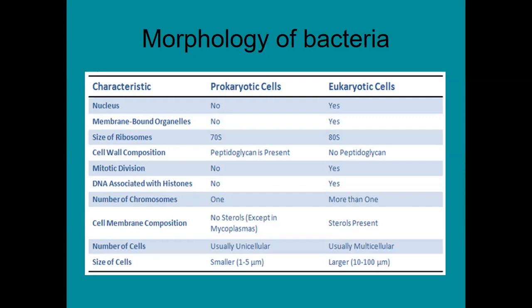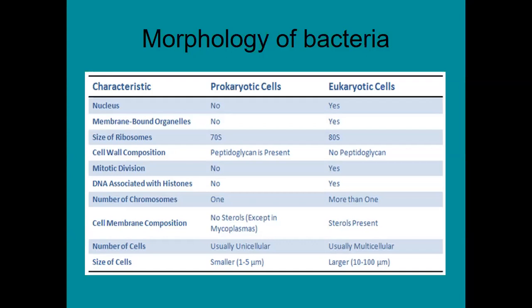You all are very much aware that in prokaryotic cells, the nucleus is absent. The membrane-bound organelles are absent. The ribosomes are 70S, whereas in eukaryotes it is 80S. The cell wall has more of peptidoglycan. Eukaryotes have no peptidoglycan. Then the mitotic division is there more in eukaryotic cells.